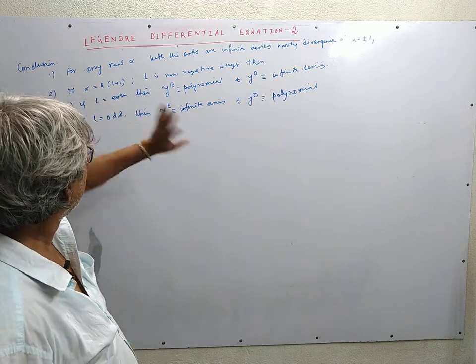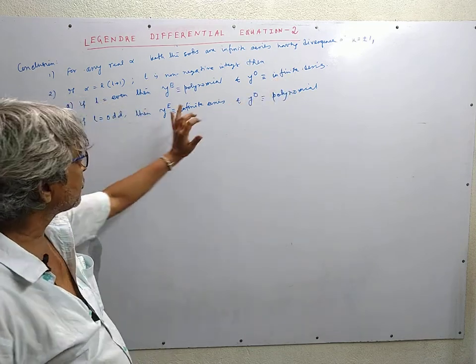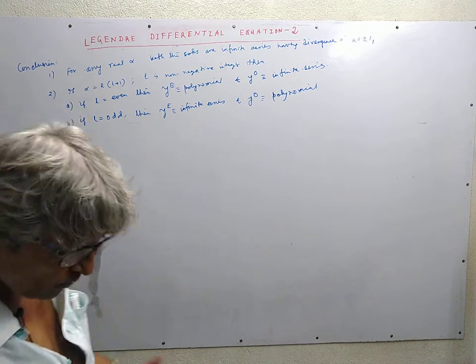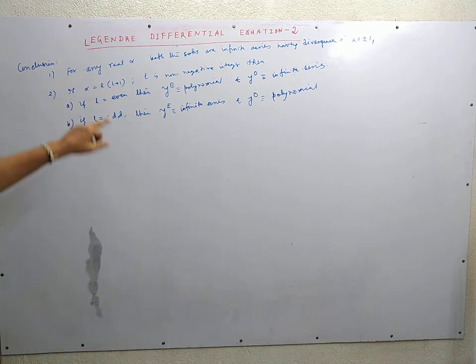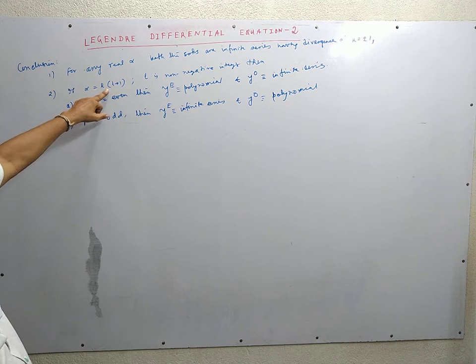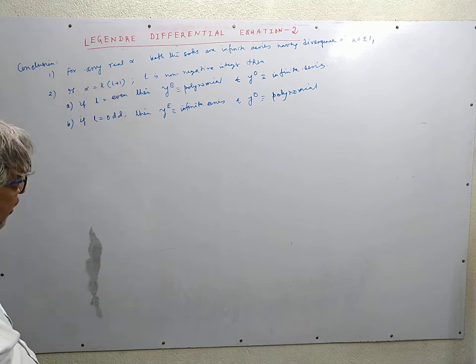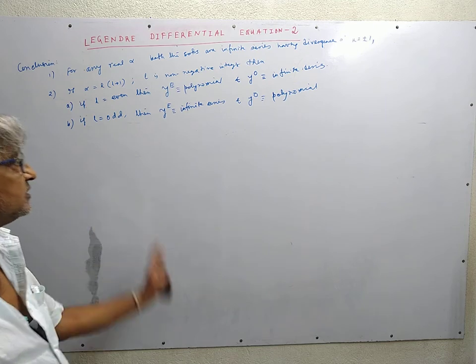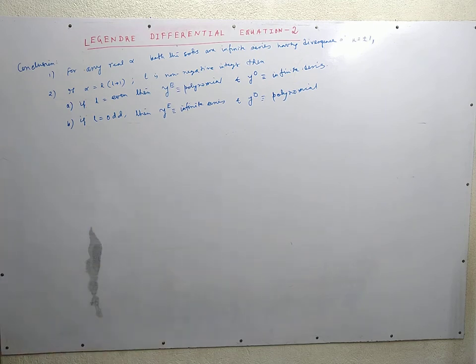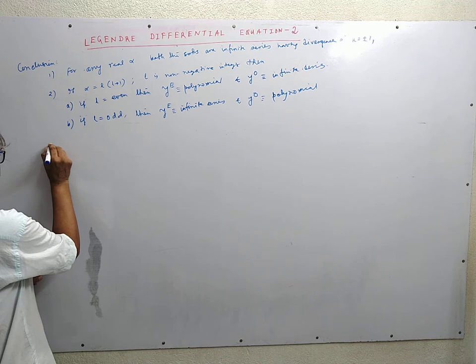If L is odd, the role is reversed. So if we choose alpha in this fashion, then one of the solutions is a polynomial, which is finite even at x is equal to plus minus 1, as it comprises a finite number of terms, and another solution is an infinite series. The nomenclature is like this.